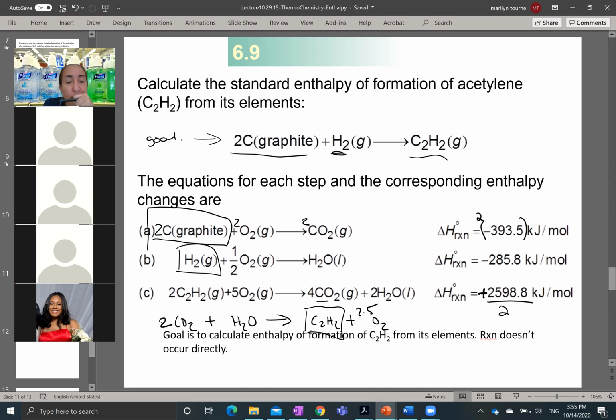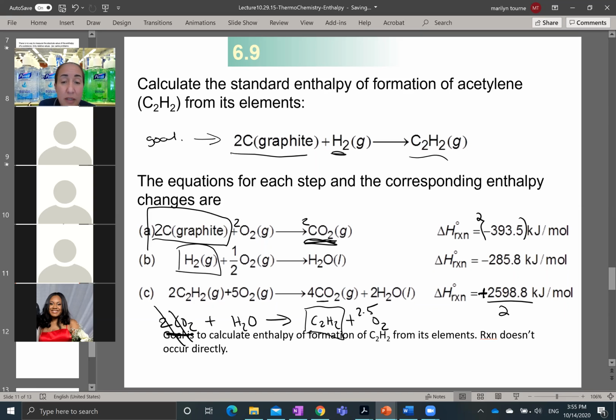Let's start with something else, not O2. Two CO2. 2 CO2, where you see it right here, right? There's 2 moles on the right, and right here we just did 2 moles on the left.